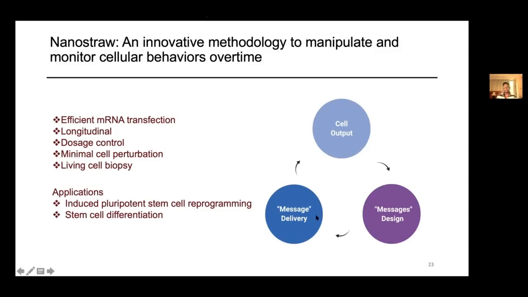There are many biological research studies that we believe can be greatly impacted by this system. For example, here I list two, in the field of induced pluripotent stem cell reprogramming and stem cell differentiation.